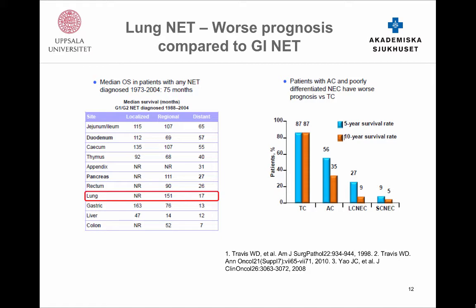And you also saw this morning from Dr. Ramirez that lung tumors in general have a worse prognosis than other neuroendocrine tumors.